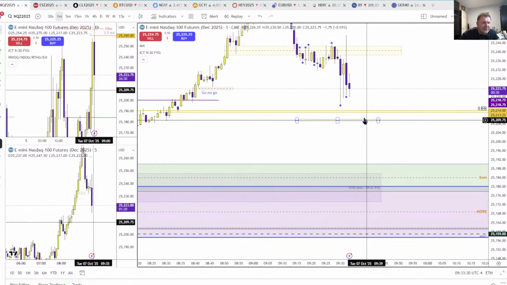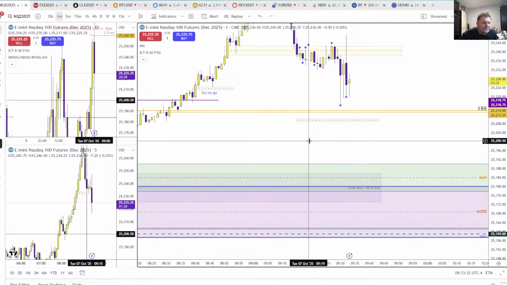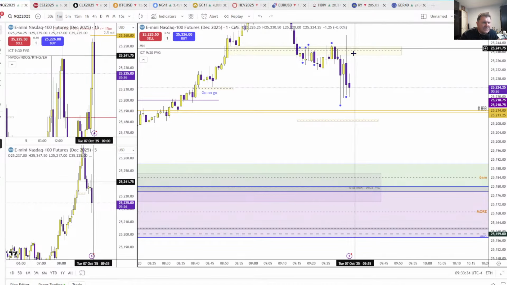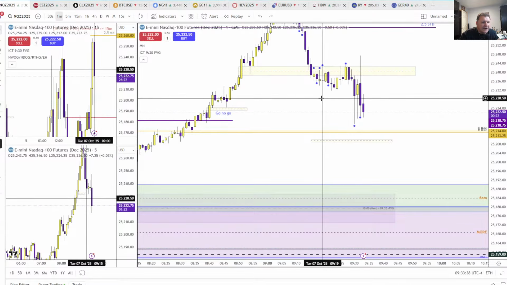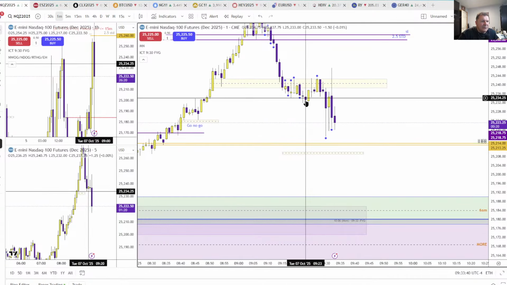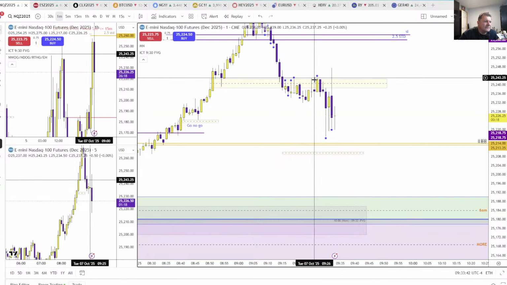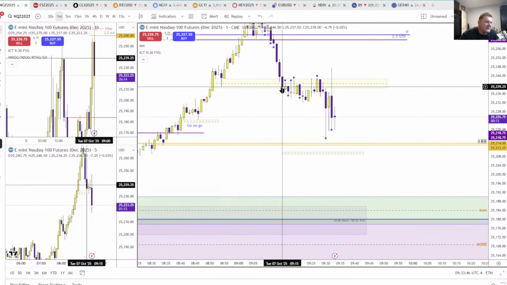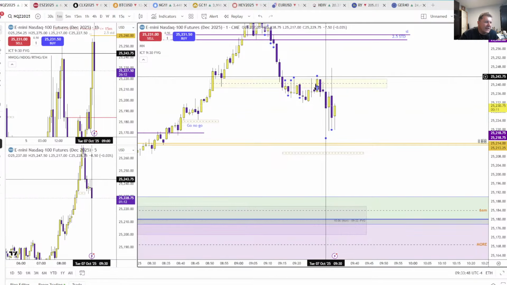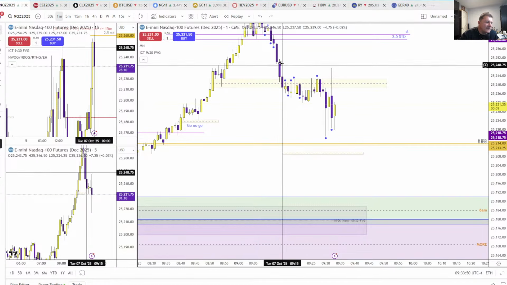Watch that level, the 830. That wick was the damaging wick for me. See how we're still inside this order block cluster here? And you see how we did not break that one up here?